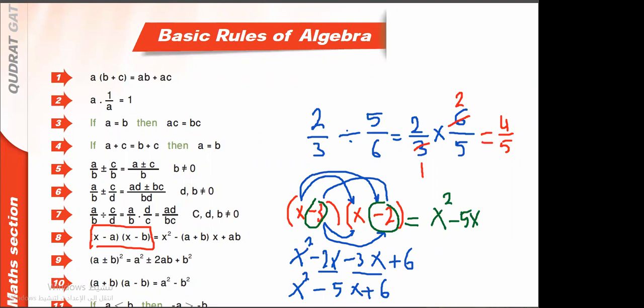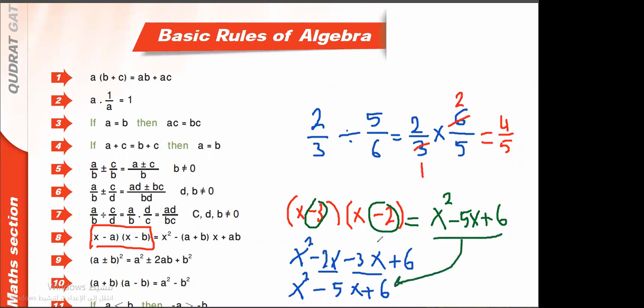This is the short way. You only add the green ones. Look, minus 3 minus 2 is minus 5. So the third term is minus 3 times minus 2, it is plus 6. So this is the same answer. You can use the long way or the short way, as you like.